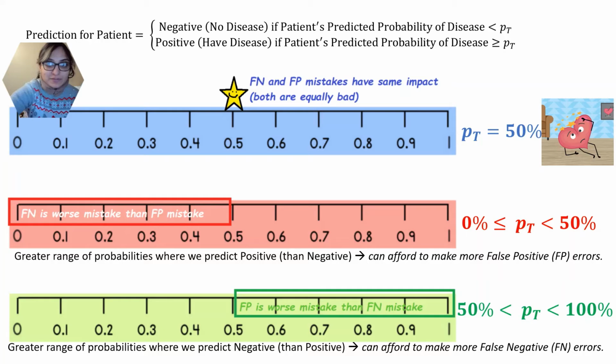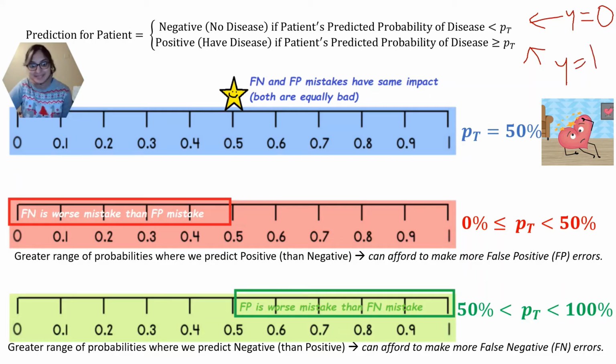Typically, that's the y equals 0 class, and this is typically the y equals 1 class. But if you change it up, then please just use this as a template and adapt accordingly.